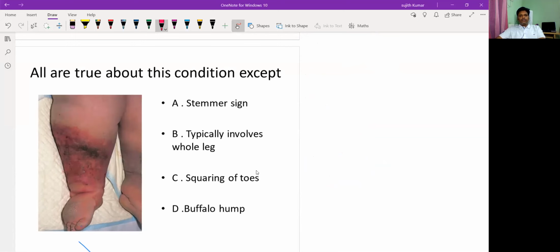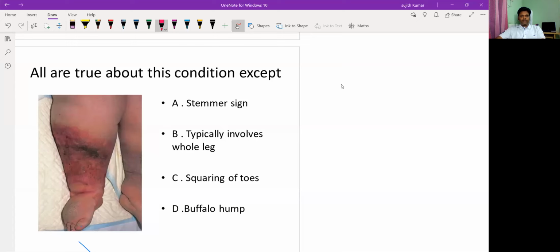All are true about this condition except. So what is the answer? Let's see the chat box. So what is this condition? This is lymphedema. What you are seeing is lymphedema.